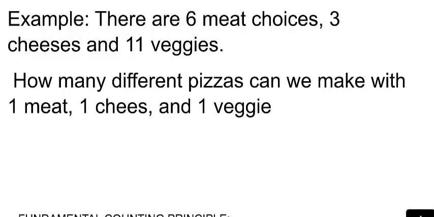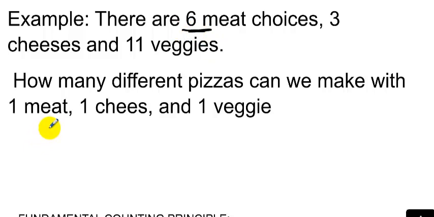These are some other types of questions that you're going to be getting. There are 6 meat choices, 3 cheese, and 11 veggies to make a pizza. How many different pizzas can we make with 1 meat, 1 cheese, and 1 veggie? This is called the fundamental counting principle because all we have to do is take how many choices we have for each.